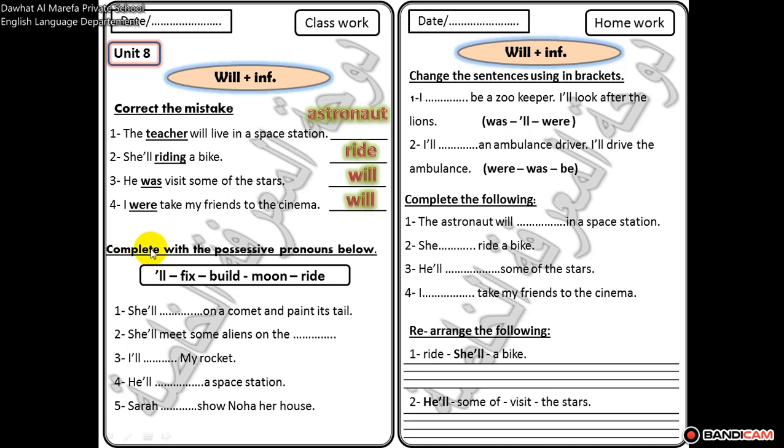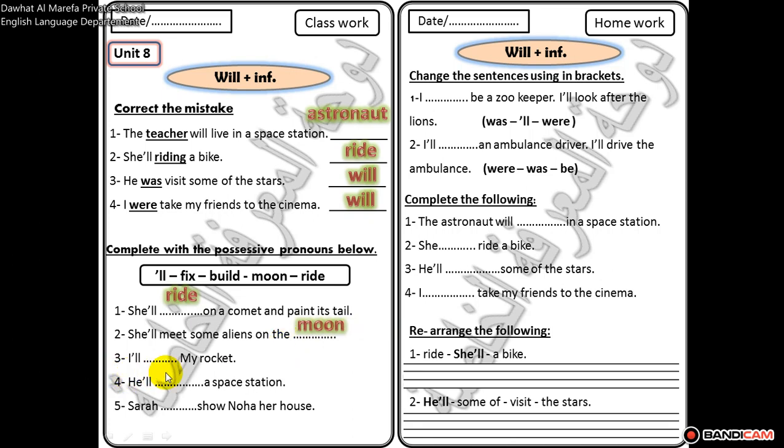Question number 2, we have to complete with the words in the box. She will ride on a comet and paint its tail. Number 2, she'll meet some aliens on the moon.